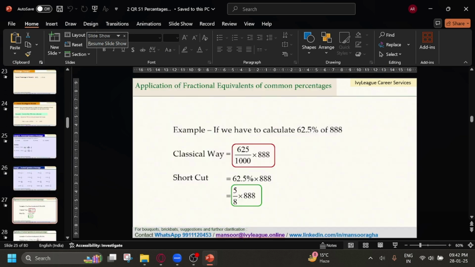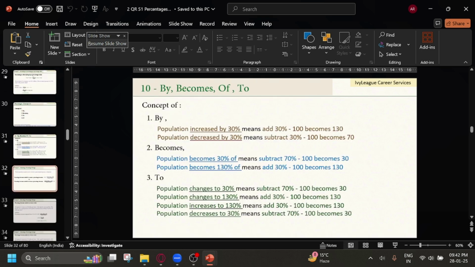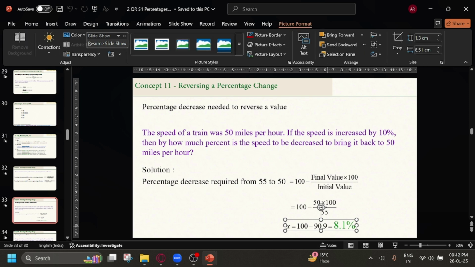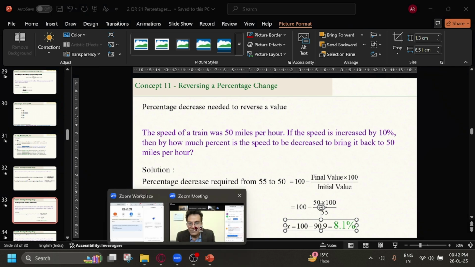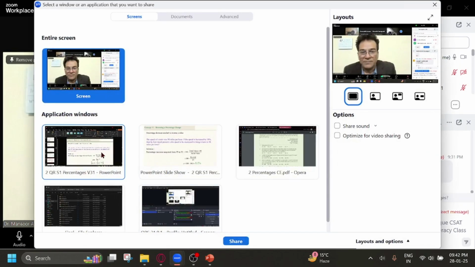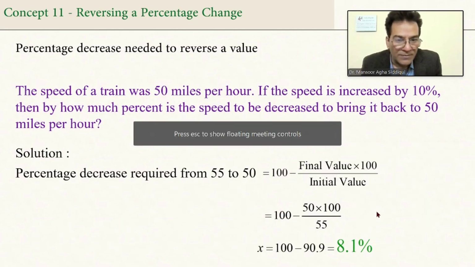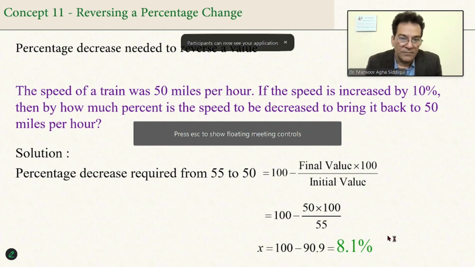Sir, can you show the PPT? Yeah, I'm just showing it. I'll just make the small correction and then I'll show it to you. Just make a small correction here. This should be 9.1%, instead of 8.1.